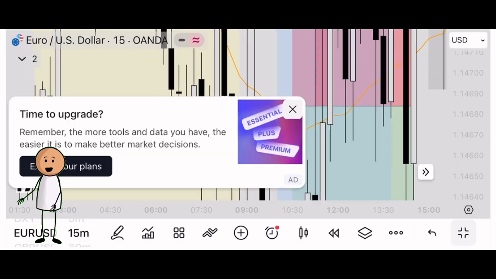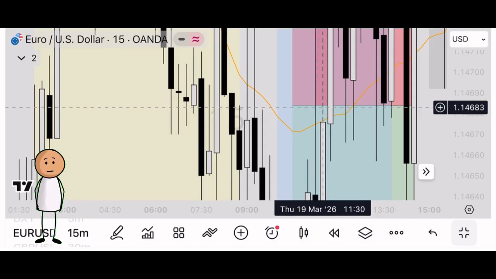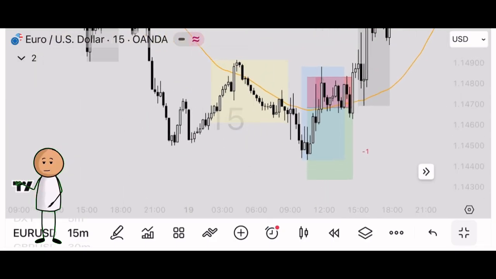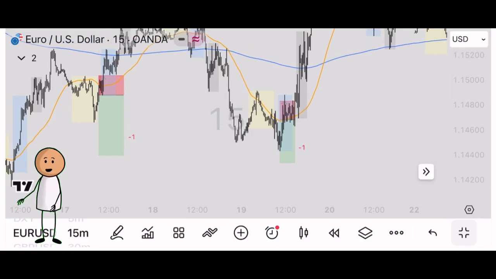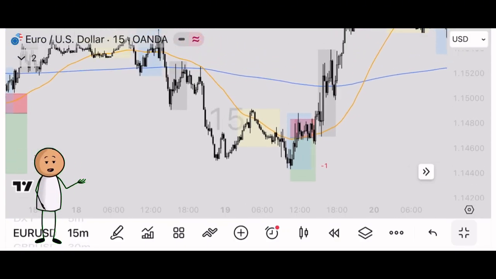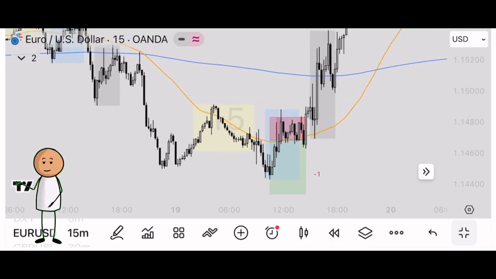Using this favored gap right here. Yeah. So using that favored gap, we got our entry with our stop being right above the SMA, the 50 SMA, and those highs right there in a good range.